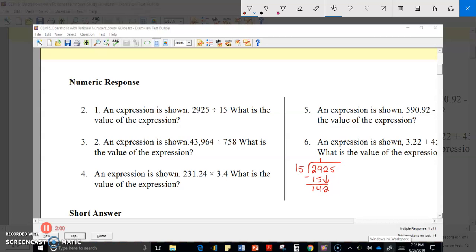I want to say 7 times, but if you're not sure, say 15 times 7, which is 105. So I can keep going. And I want to say 9. That might be too big. No, it's perfect. So 9.